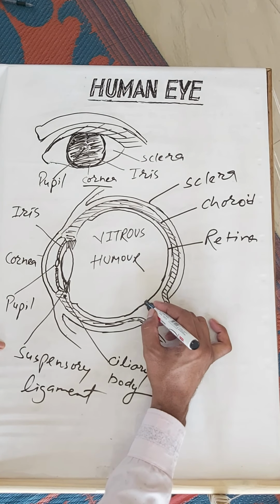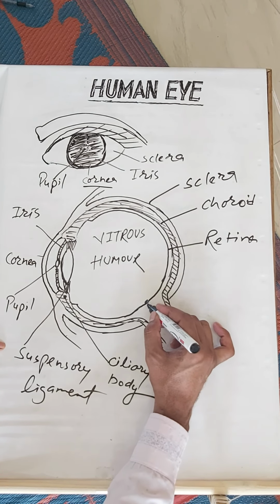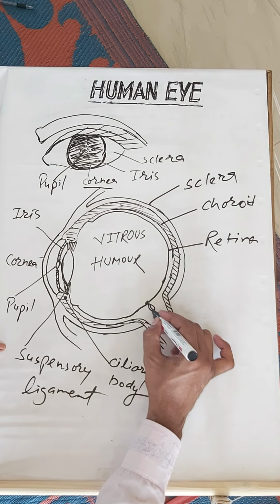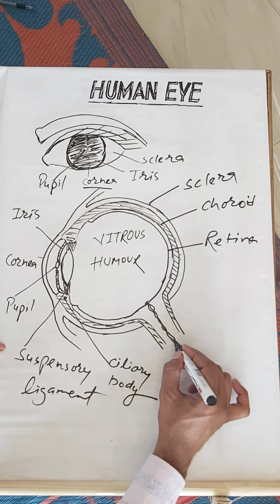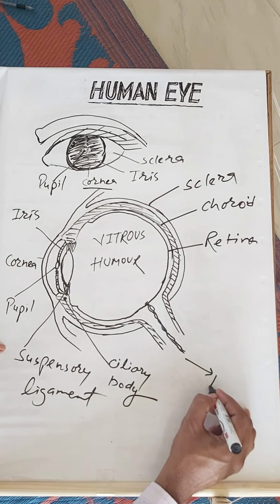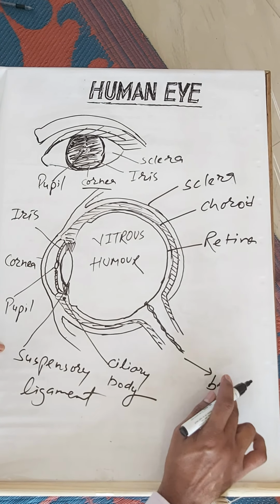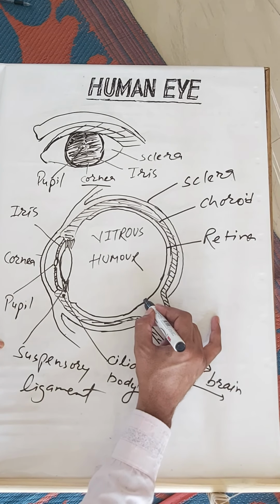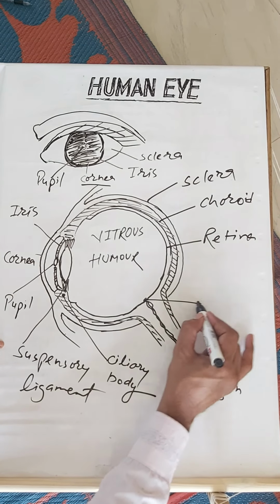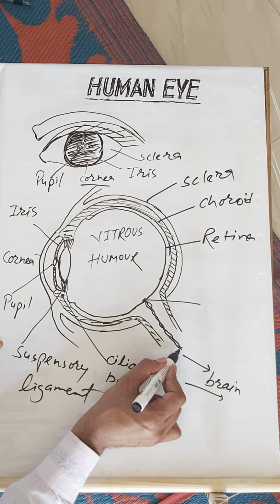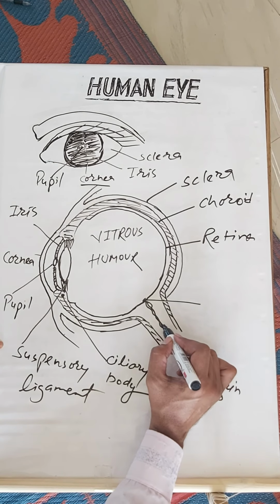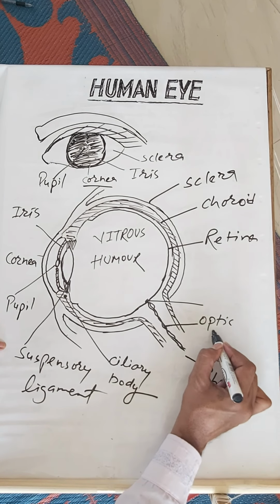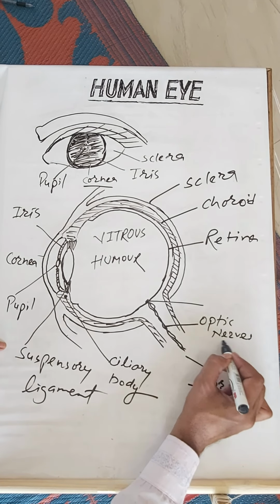Here one spot is present at retina through which a bundle of sensory nerves enters towards the brain. It runs towards the brain. This spot, head of these nerves, which nerves are here? These nerves are optic nerves, light sensitive nerves.